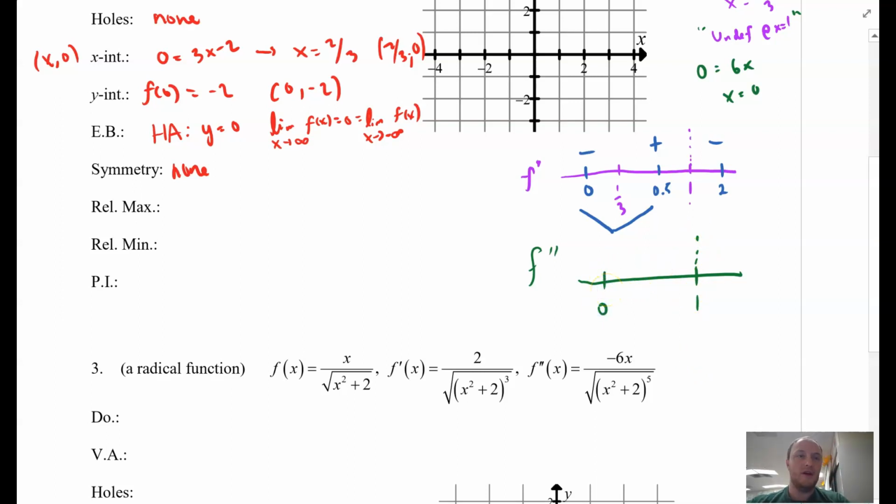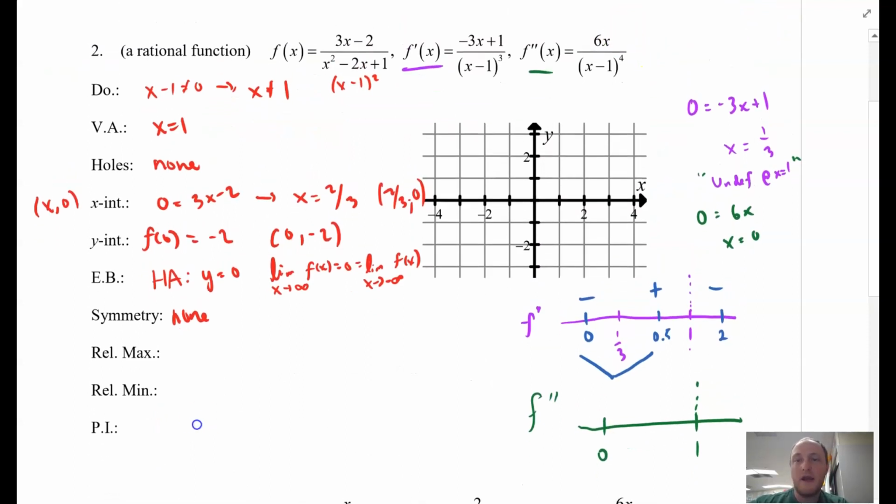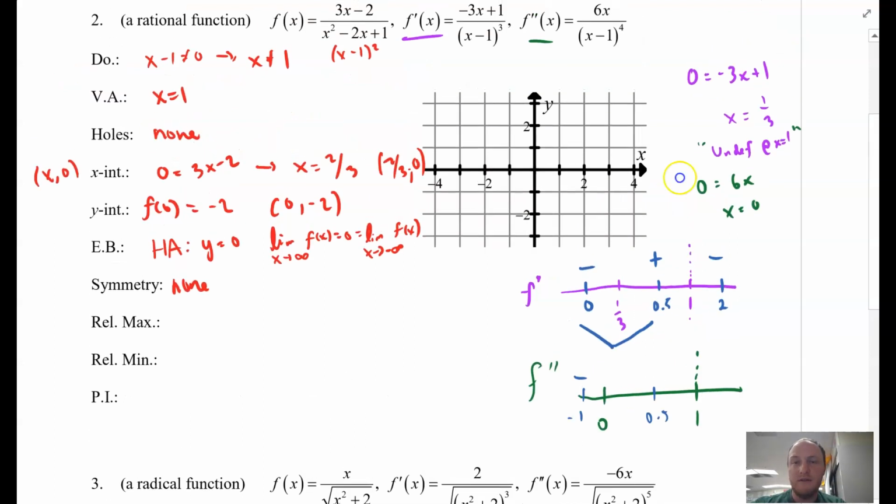Okay, so I want to test some of these values. I'll test a negative number. When I plug in a negative, I'm going to get a negative over a positive, so that's negative. Then I'm going to plug in 0.5. You can just go with -1 there. So I plug in 0.5.